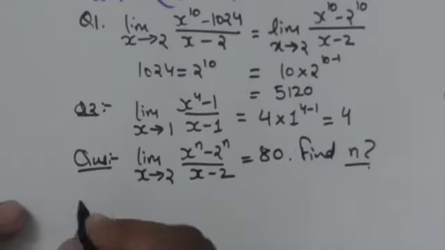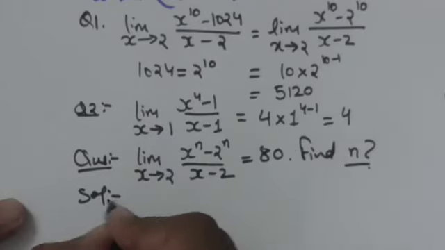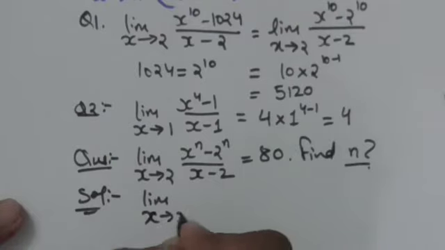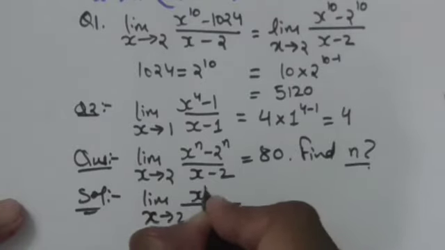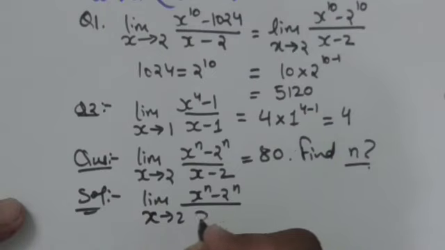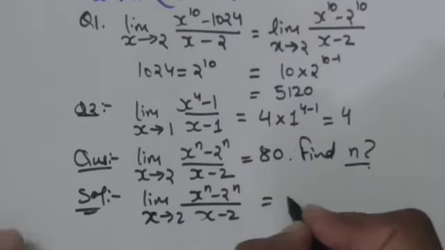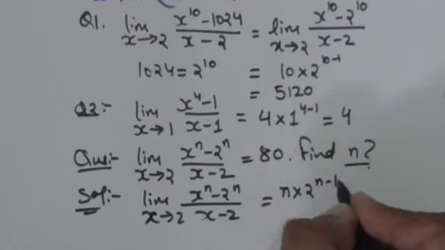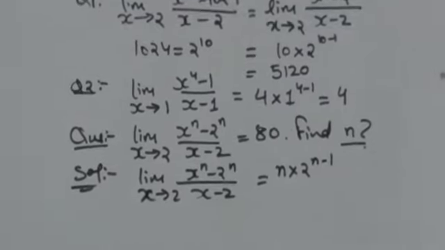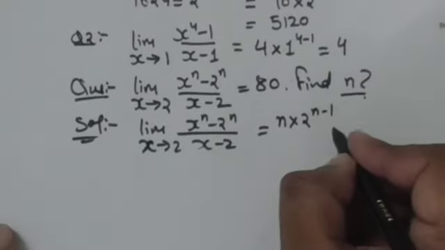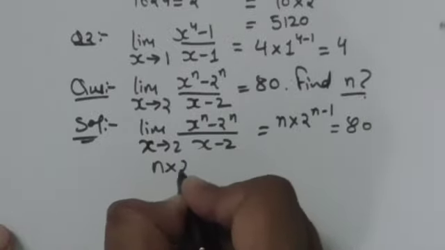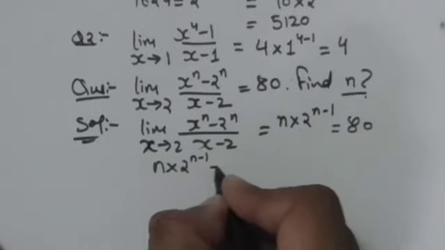Now see, according to this theorem which we have discussed, limit x tends to 2, x raised to power n minus 2 raised to power n upon x minus 2, it will be equal to n into 2 raised to power n minus 1, and it is given that it is equal to 80. So n into 2 raised to power n minus 1 is equal to 80.